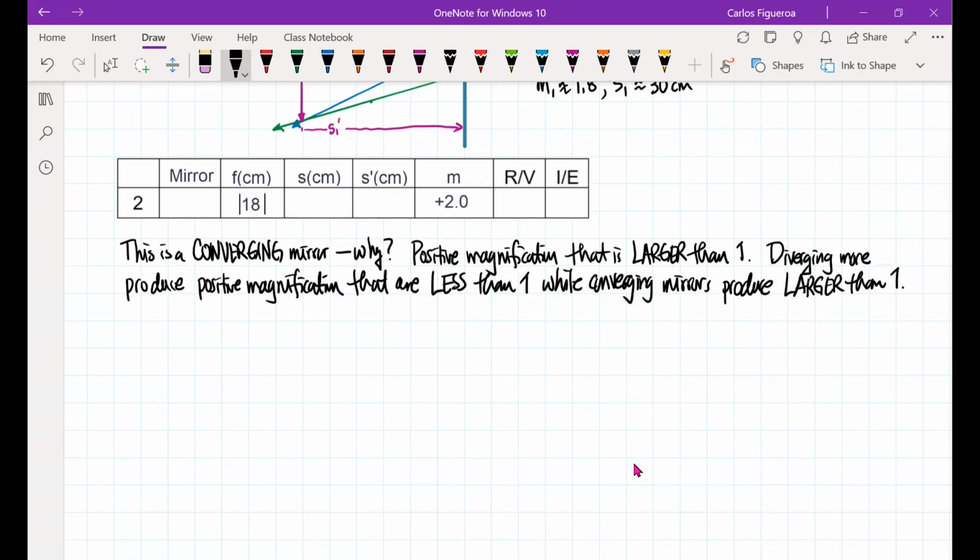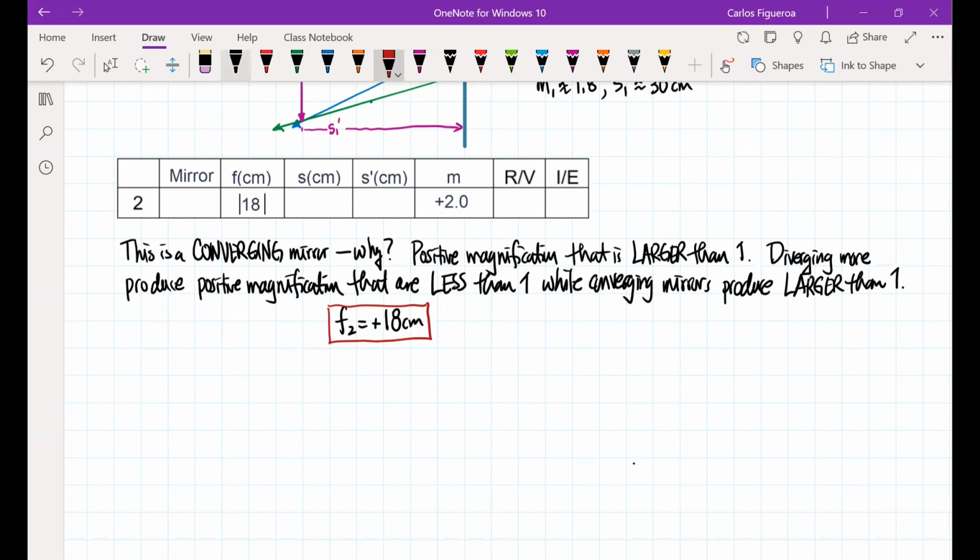So this immediately tells me that this is a converging mirror, so therefore the focal length here, we know the length of the focal length, which is 18, we now know that it has a positive sign. So now we know the type of mirror and we know the sign of the focal length.